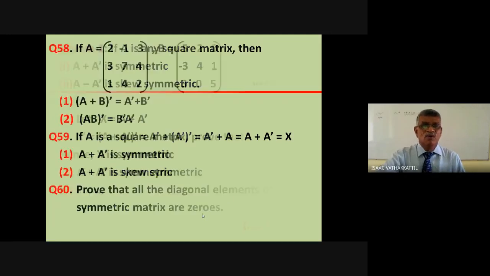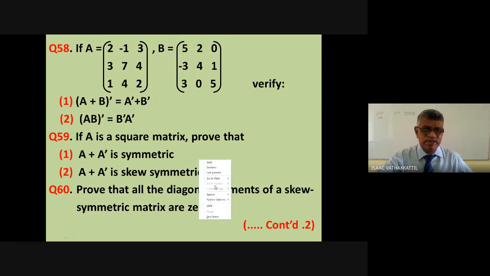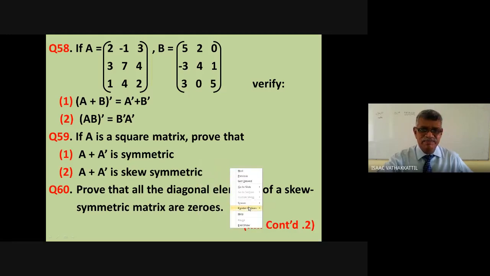Well, we have a few questions here. A and B are given. You have to verify (A + B)' is A' + B', and (AB)' is B'A'. If A is a square matrix, prove that A + A' is symmetric, and A - A' is skew symmetric.